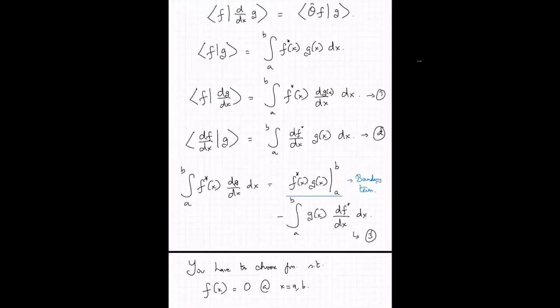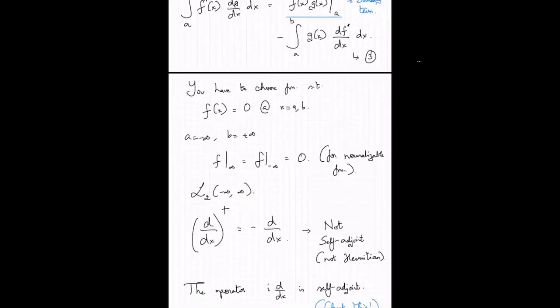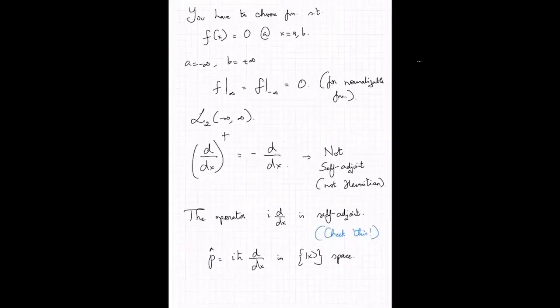It is not as straightforward as in the case of finite dimensional vector spaces, because in those cases you can just look at the matrix corresponding to the operator and see if the dagger of the matrix is the same as the matrix itself. But the process of checking for self-adjointness or hermiticity in infinite dimensional Hilbert spaces is slightly trickier.